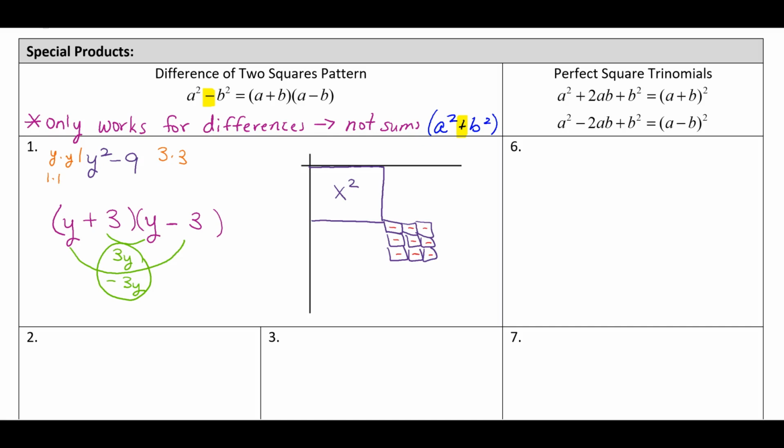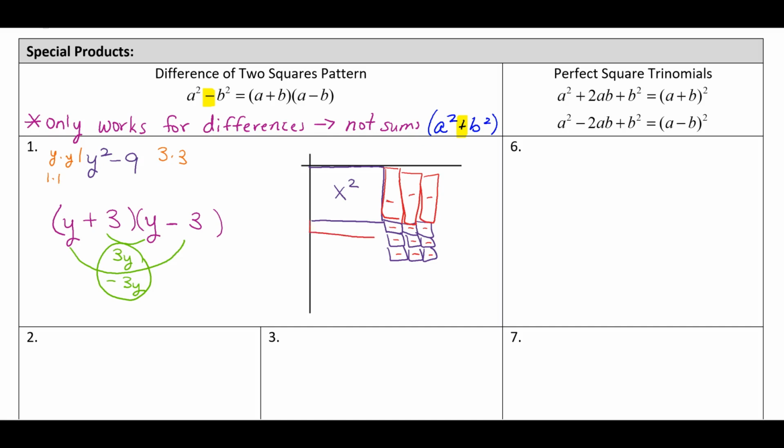Okay, so in order to get these missing factors, we have these 0 pairs. So we would have maybe a negative 1 here, a negative 1x here, and a negative x here.